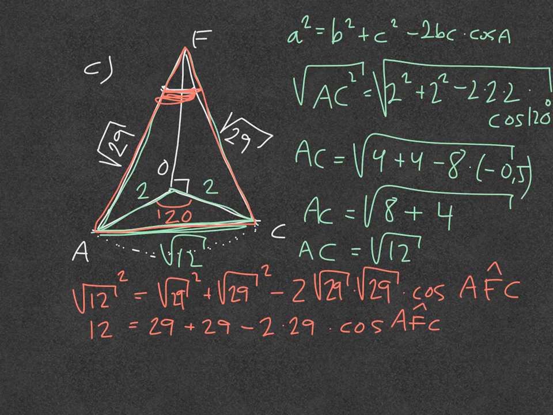We can move things around to isolate the angle. 12 minus 29 times 2 divided by negative 2 times 29 equals cosine of AFC.